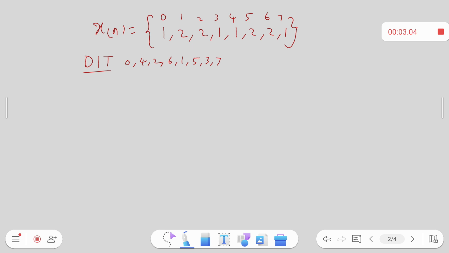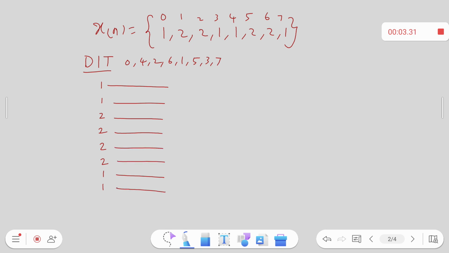Now we are going to write the input, which is 0 followed by 4, followed by 2, then 6, then you have 1 5 3 7. This is the bit reversal order of input. Now we are going to draw the basic butterfly diagram of these 8 points.